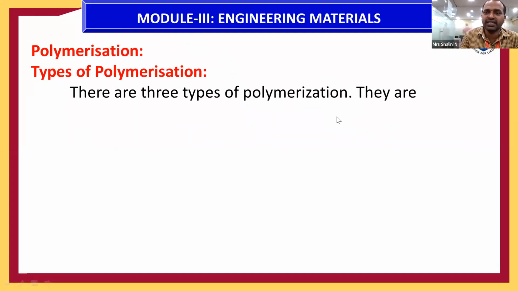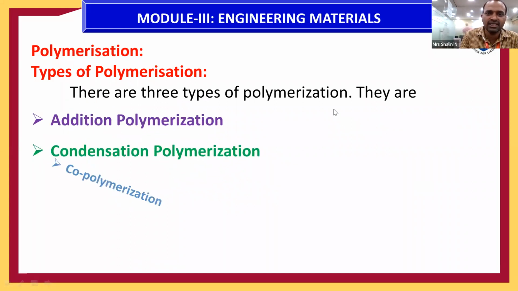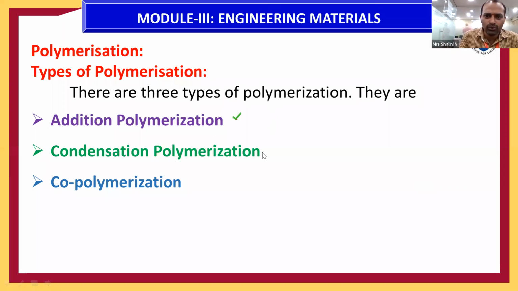Number one is addition polymerization, number two is condensation polymerization, number three is copolymerization. Now, let us discuss one by one. What is addition polymerization? What is condensation polymerization? What is copolymerization?